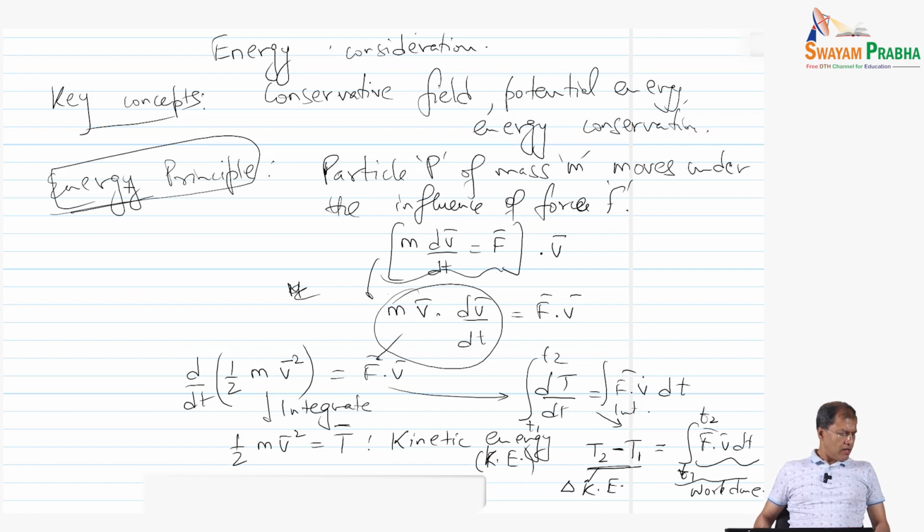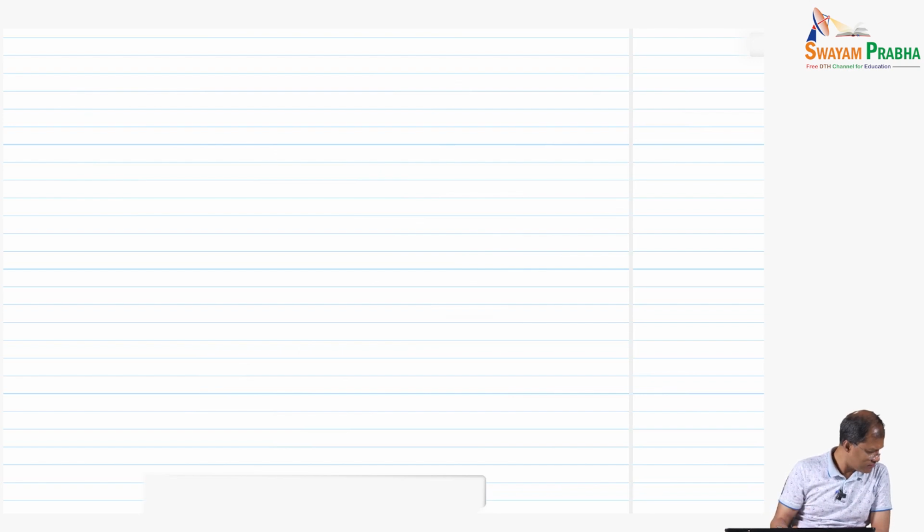Now let us look at a quick application of this energy principle. Before moving ahead, I just want to briefly mention that the energy principle and the equation of motion are identically equal, as we saw in the derivation.